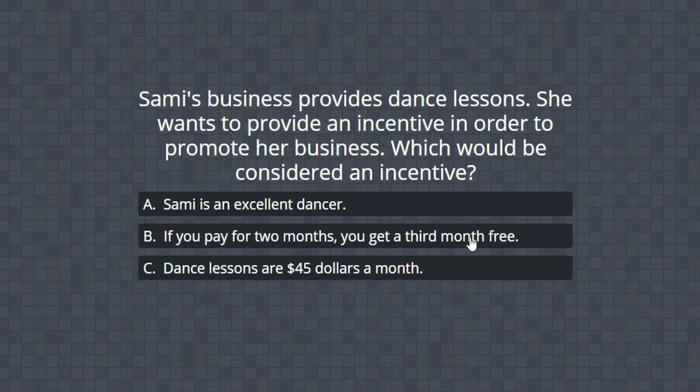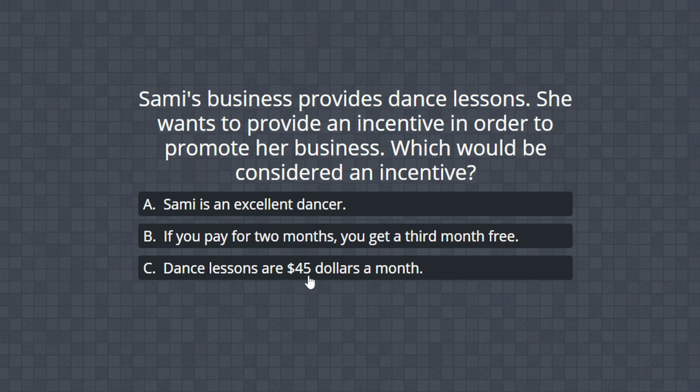B would be the correct answer, because if you pay for 2 months, you get a 3rd month free. Maybe she paid $100 for 2 months and got the 3rd month free. Maybe that's an incentive. It encouraged her to pay for the dance lesson.